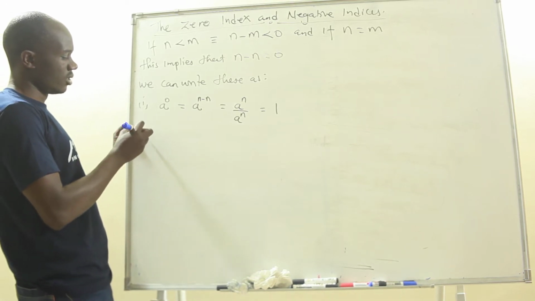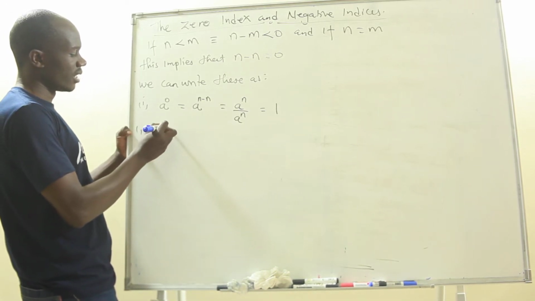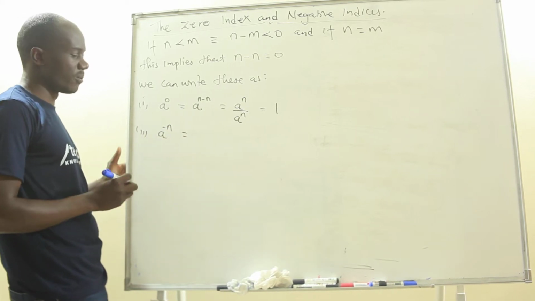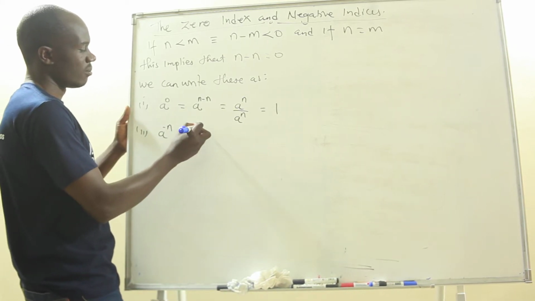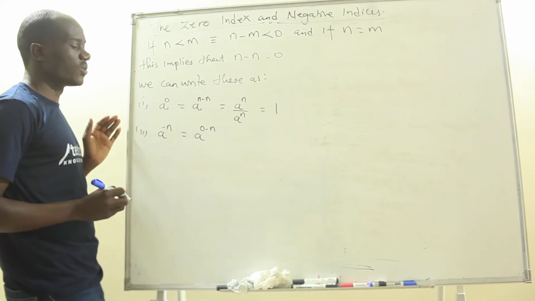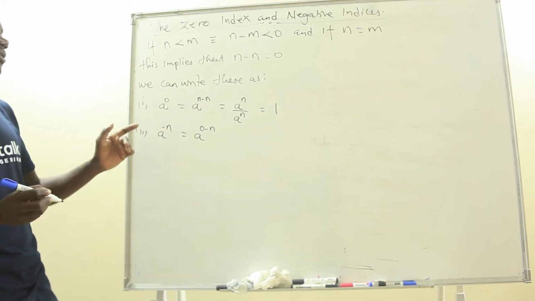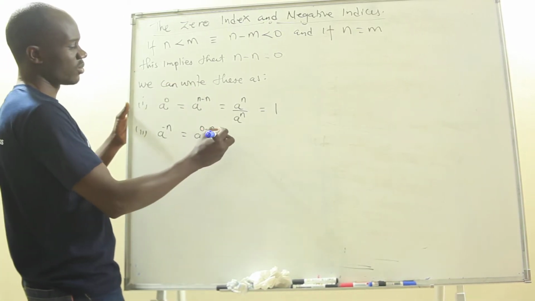Roman 2, a power negative n. Where could it have come from? It is the same as a power 0 minus n, because when you say 0 minus n, you are going to get a negative n. So the same story applies.